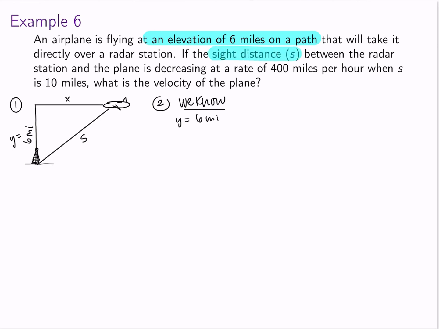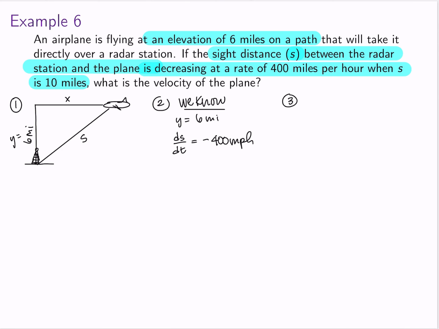The sight distance is decreasing at 400 miles per hour when s is 10 miles. So the sight distance ds dt, that's how s is changing, is decreasing. So we'll just define it as negative 400 miles per hour. And that's when s is 10 miles.